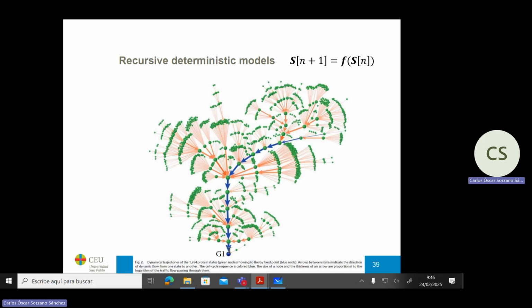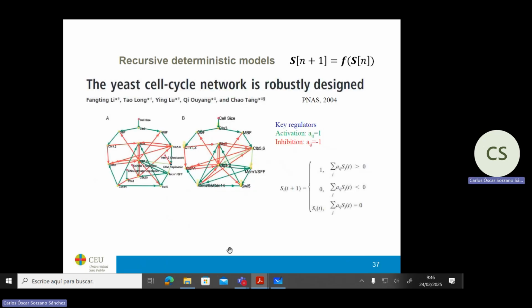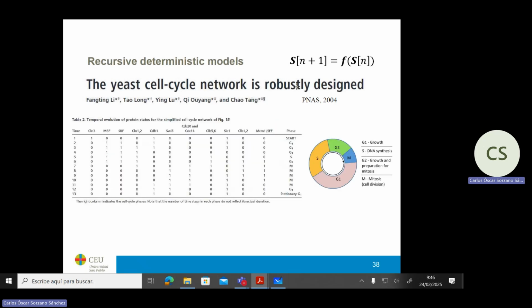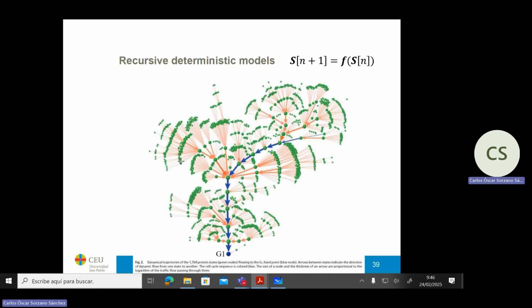Okay, so they are very robust in this way, and that gives the title of the paper: the cell cycle network is robustly designed. Even if there are mistakes in the starting point, you will still converge to a state that makes sense.